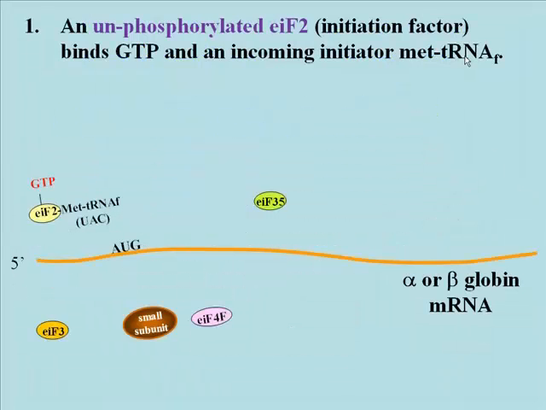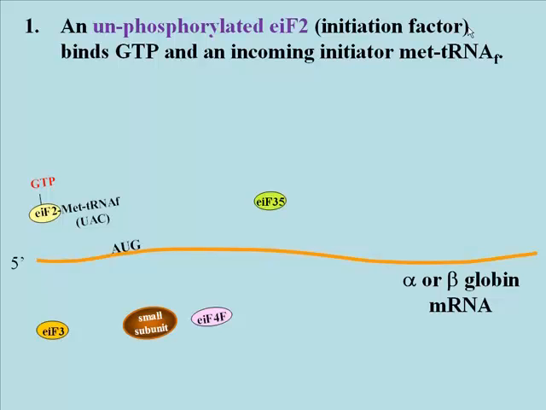Translation initiation factors in both prokaryotes and eukaryotes enable the assembly of the initiation complex, which consists of a messenger RNA molecule, the small ribosomal subunit, and several initiation factors. In eukaryotes, this process involves initiation factor 2, or EIF2, which is similar in function to the bacterial IF2.